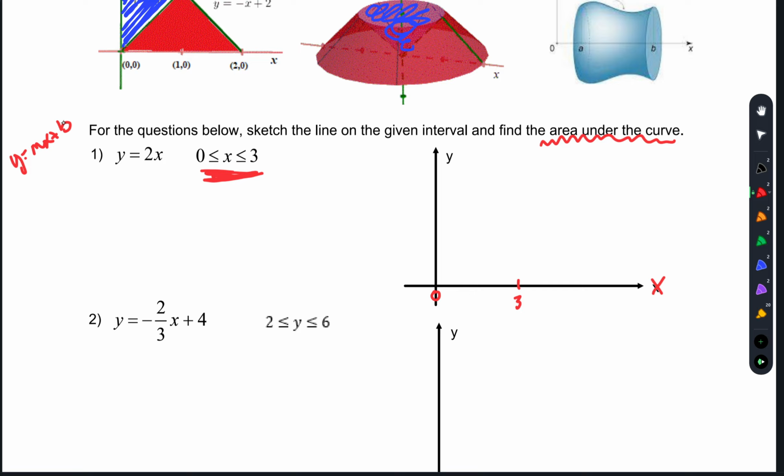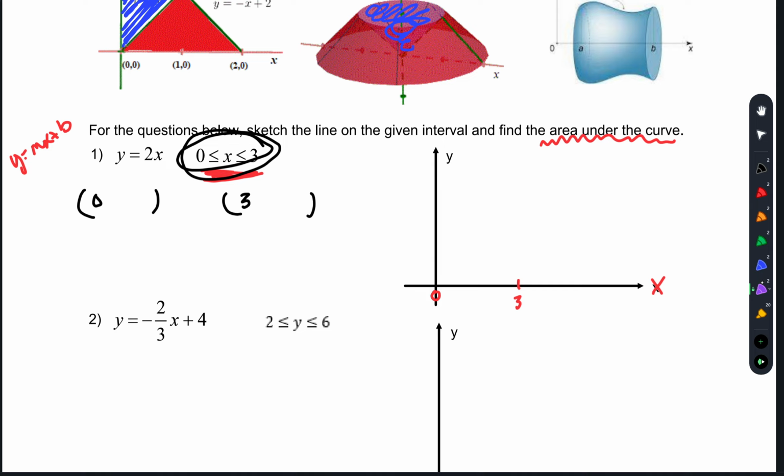However, instead of doing that for every single one of them, we are going to simplify it down to finding the two endpoints of this line. So I want to find 2 points here. I want the x values of my points to come from my restrictions. So I want the two x values to be 0 and 3. This is how we're going to start all of these problems.